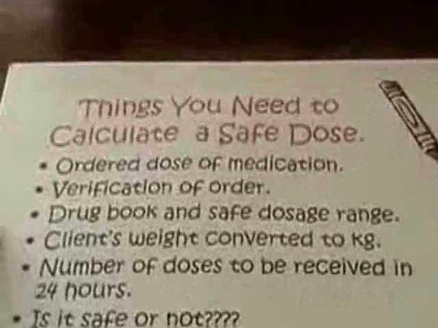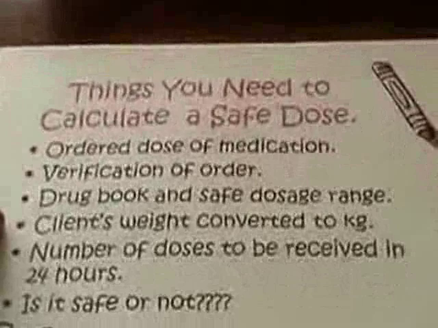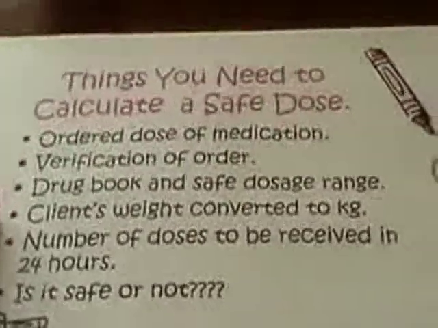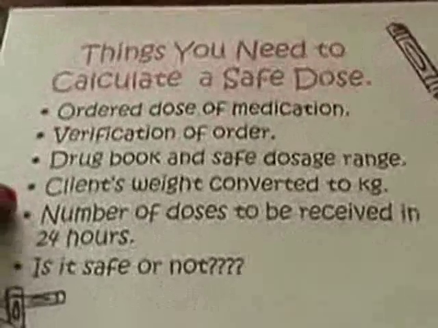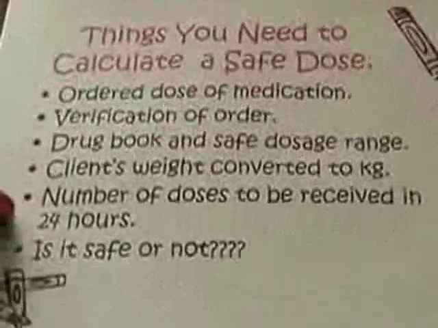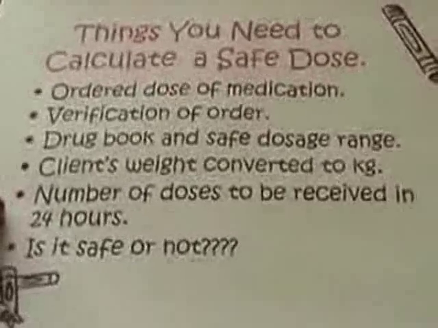You need to verify that order. You need to look up in the drug book and look at the safe dosage range. You need a client's current and accurate weight converted to kilograms. You need to know the number of doses to be received in 24 hours.